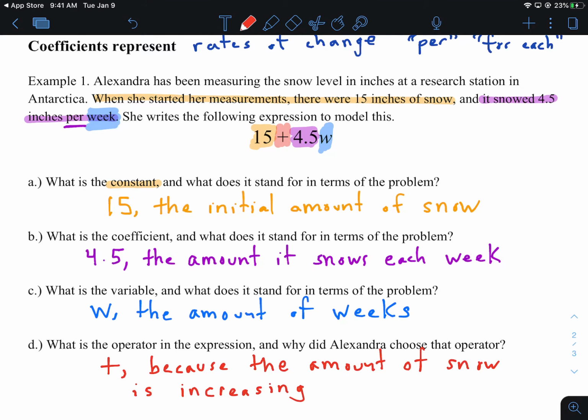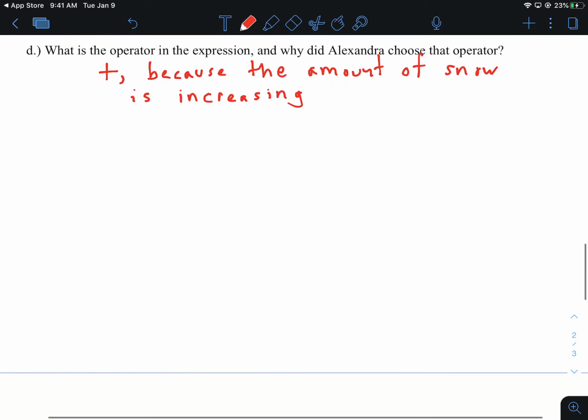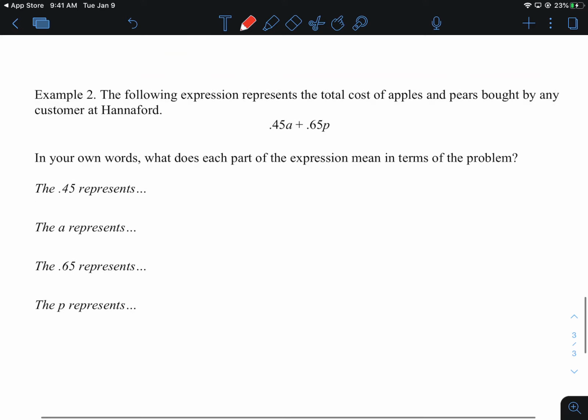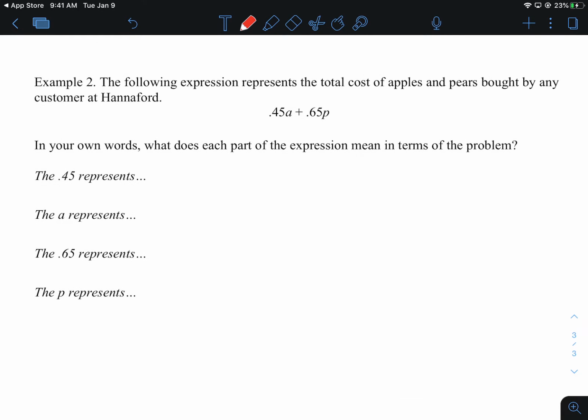Right, one more example. This is an expression that represents the total cost of apples and pears bought by any customer at Hannaford. I actually want to start with the variables here. We have the A and the P as our two variables. Let's think about what they might represent.